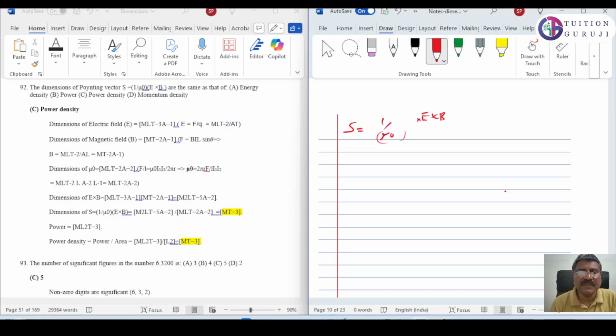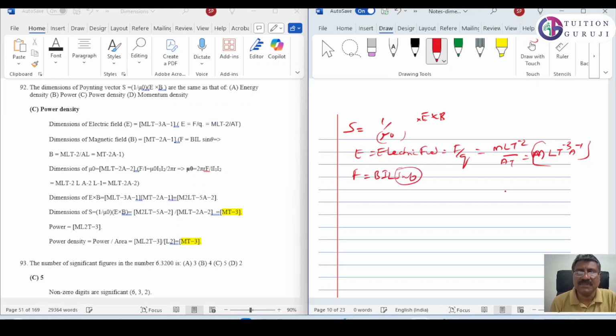Let us first find the dimensions of electric field. E is equal to F by Q, and F we know is M L T raised to minus 2, and Q is A into T. Therefore, it is M L T raised to minus 3 A raised to minus 1. Now we know F is equal to B I L sin theta.